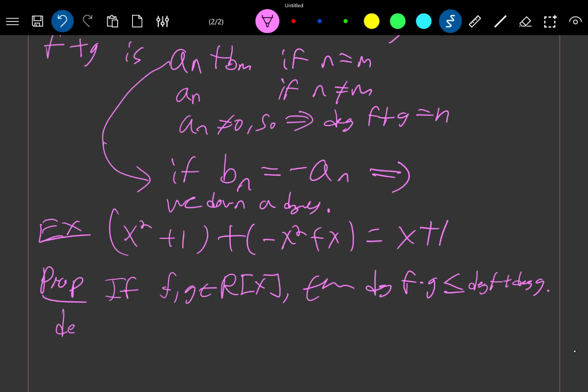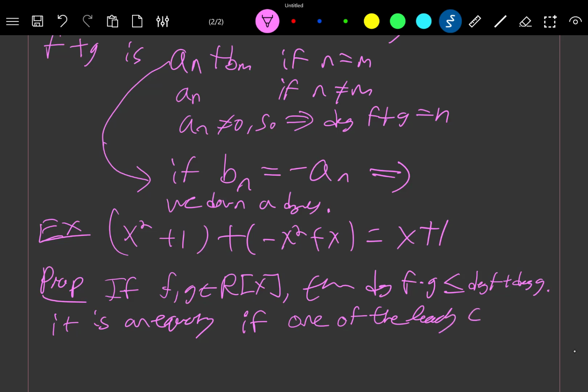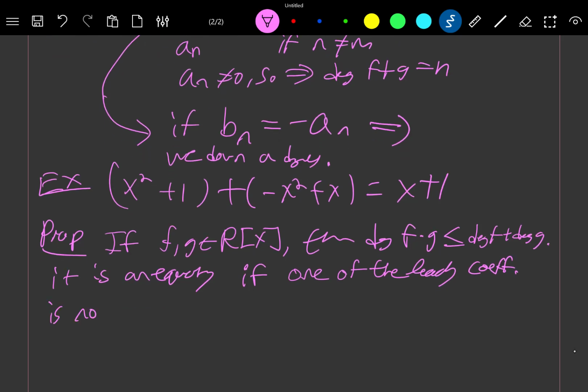And it is an equality if one of the leading coefficients is not a zero divisor.